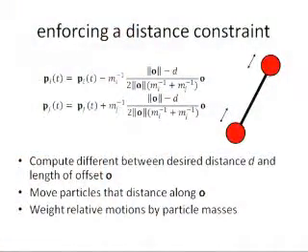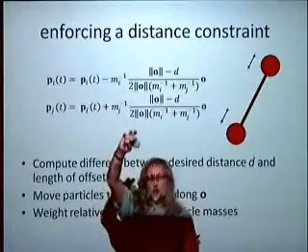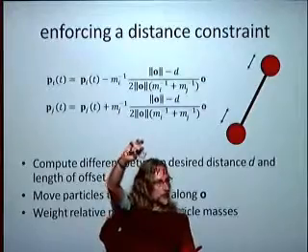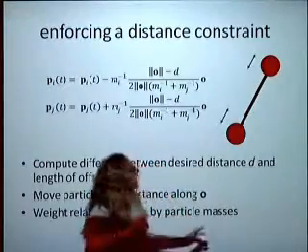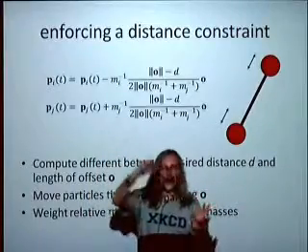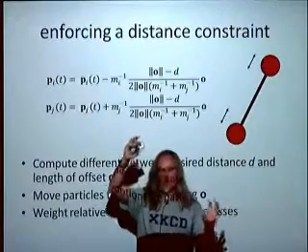So for example, say you have two particles that are connected by a rigid distance constraint. You let them move however they want to, and then once every clock tick, you say they're supposed to be this distance apart. They're actually this distance apart. So we move them to the places where they need to be. How do we know what that is?